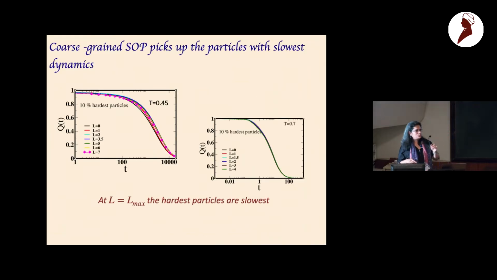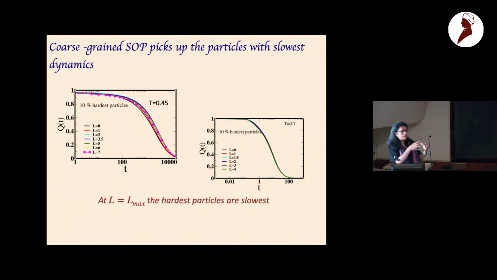Yeah, so this is what I was trying to tell you, Smarajit, that you can think about it in a little different way: you have many order parameters, not just one LFS. Amongst those order parameters, you want to see which is best describing your slowest dynamics. It's coarse-grained, of course.